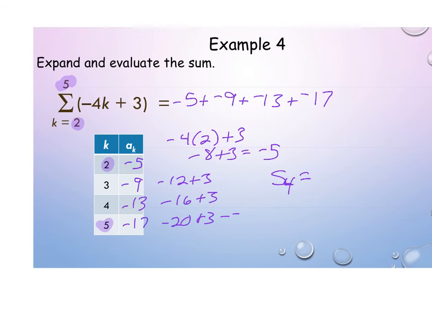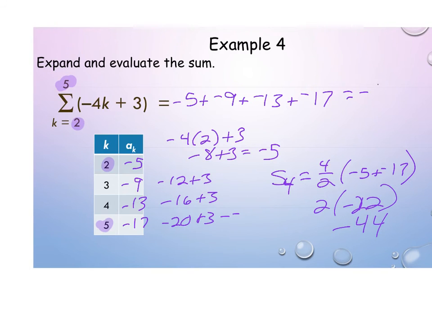So it's 4 over 2 times the first term plus the last term. All right. So that's going to be 2 times negative 22, which is negative 44. Or you can just add it up.